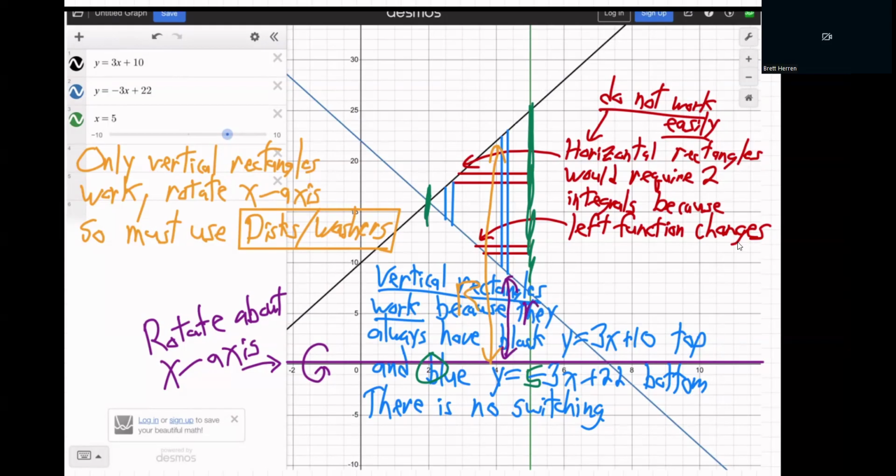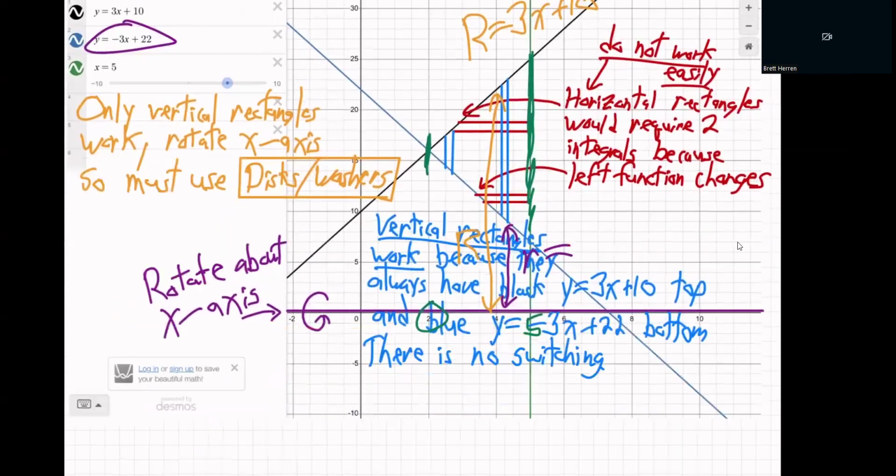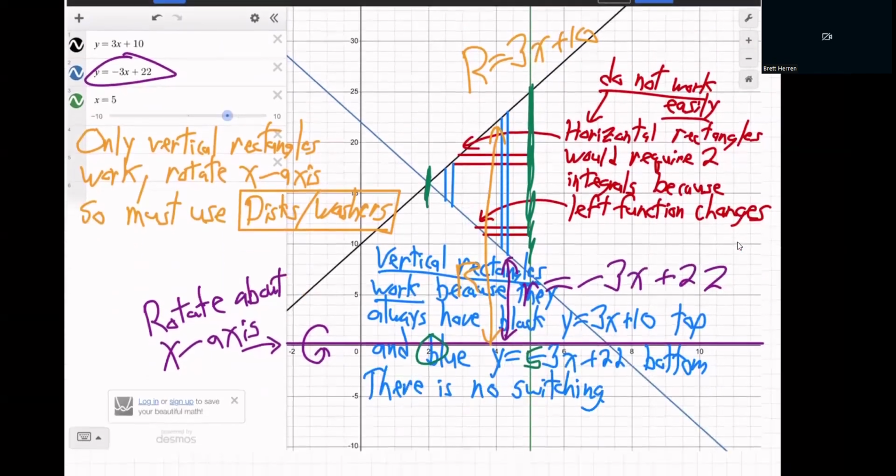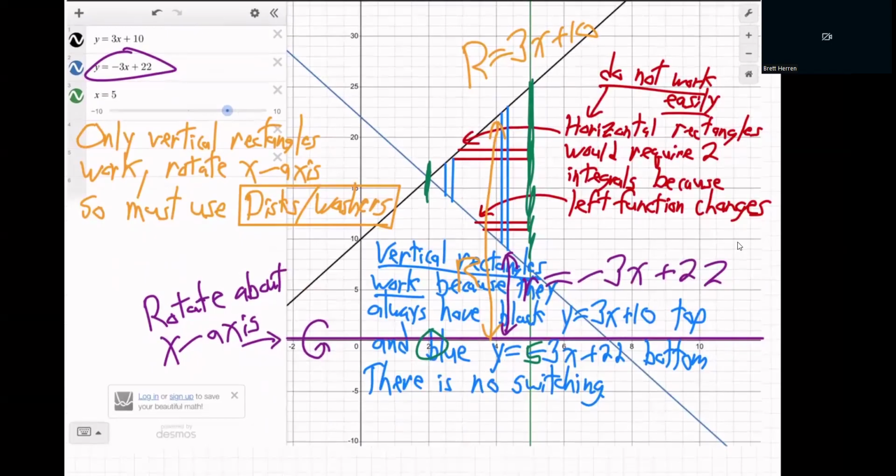So the capital R goes up to the black function, which is y equals 3x plus 10, the one that's on the top there. And the little r only goes to the little function, the blue one over here, minus 3x plus 22. So there's the little r, the big R, just like the picture. So the 3x plus 10 is on the top, minus 3x plus 22 is on the bottom.